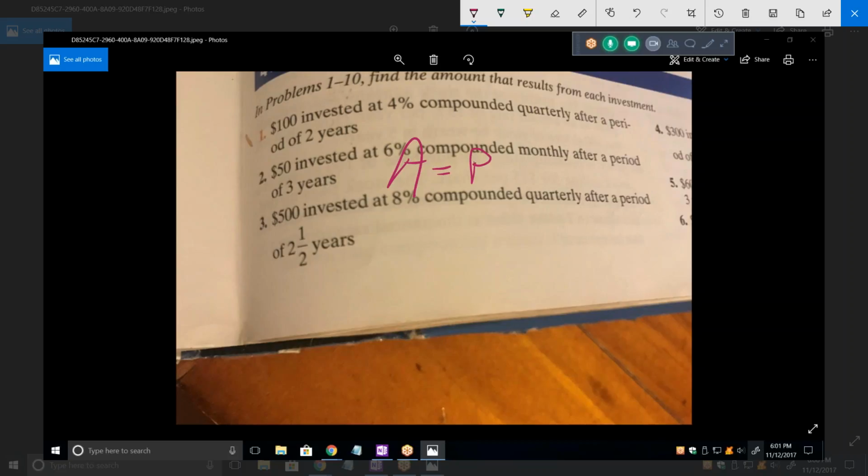P times (1 plus R over n) to the power of nT. Is it monthly? R divided by 12. That's the general right there. Then you figure out what n is depending on the problem. This one's compounded quarterly, so n is 4. The next question is compounded monthly, so n is 12. Okay, now fill in everything.